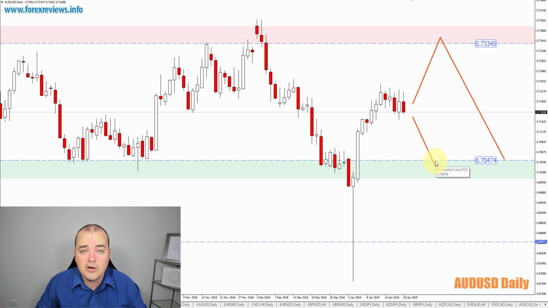The 70.47 zone area, if price pulls back and retests it, would once again be a great area on this market to look for a potential bullish opportunity, depending on what sort of evidence forms in this area, what type of bullish price action. And of course, you could be looking for evidence and an aligning bullish opportunity in this area on the 4 hour, the 1 hour, or the daily directly, or whatever time frame suits you as a trader.